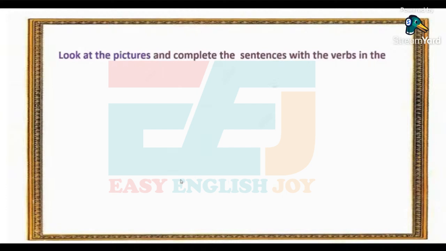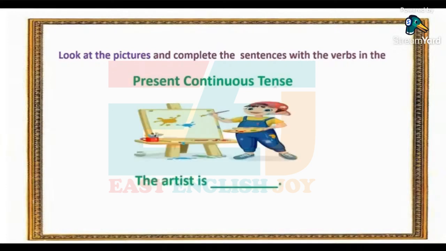Look at the pictures and complete the sentences with the verbs in the bracket using the present continuous tense. So look at the picture. The artist is, what is the artist doing? The artist is painting. Alright?